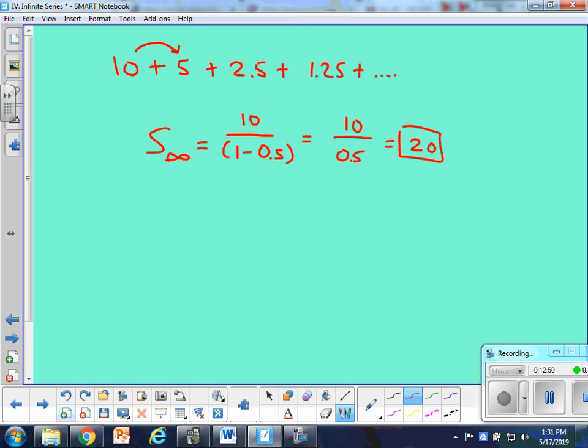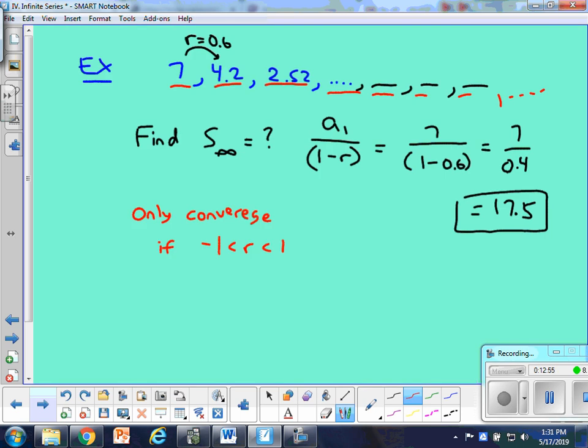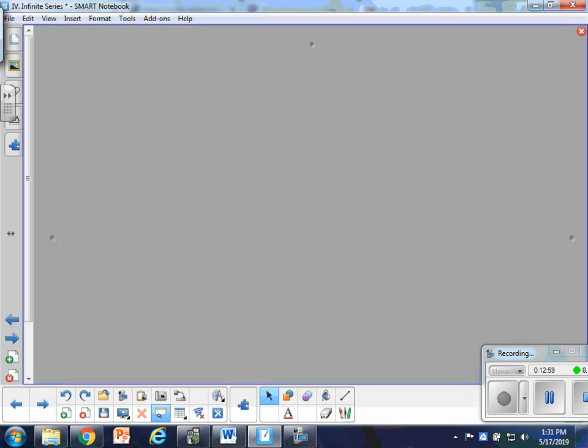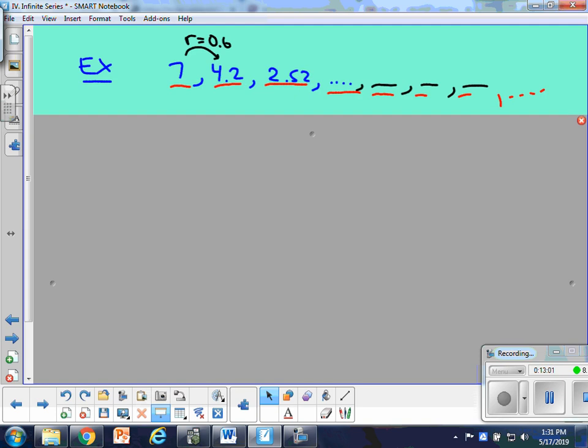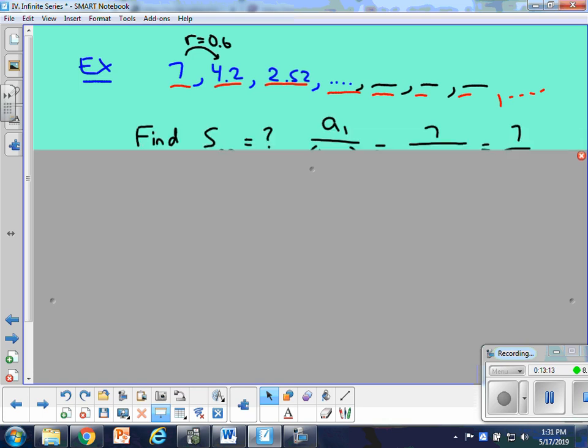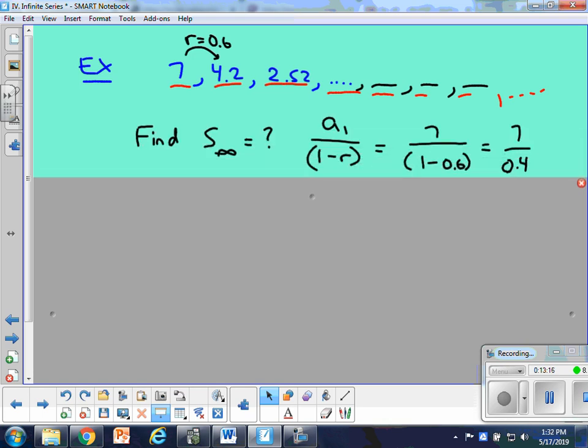Okay, let me walk through one last quick one. I just made up a sequence. I started with 7, and I multiplied by 0.6. Remember, the ratio must be between -1 and 1, so I just chose 0.6 as my ratio. Got a couple of terms. Now, if we want the total sum of an infinitely long string, remember our formula is a1 over 1 minus r.